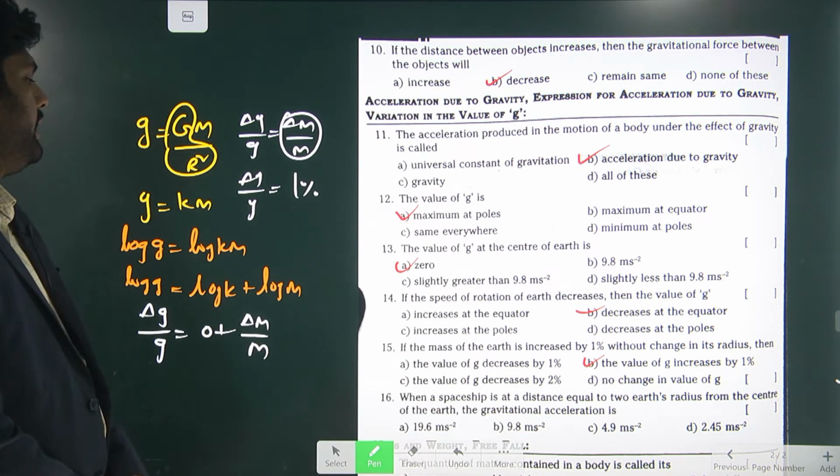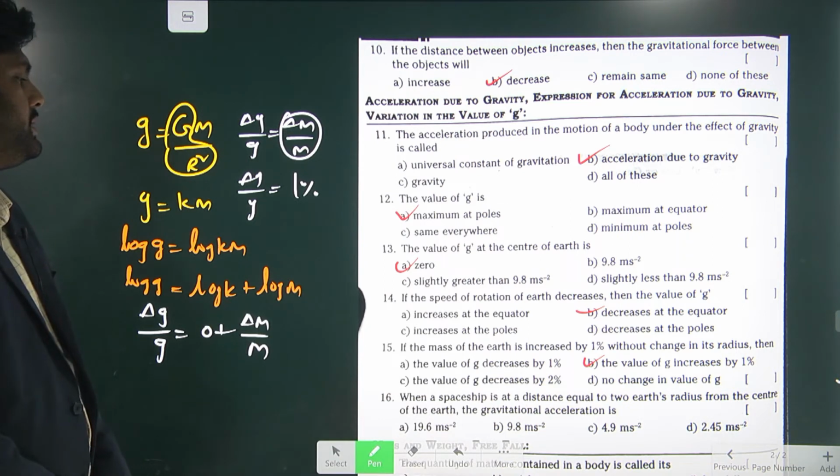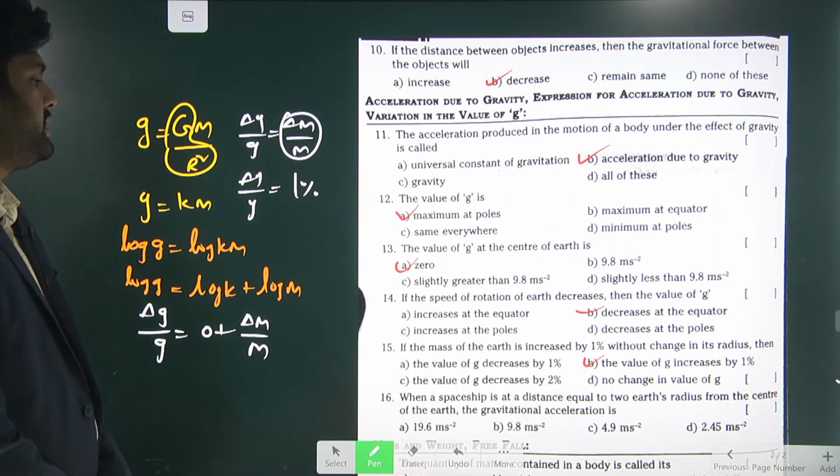Next, when a spaceship is at a distance equal to the Earth's radius from the center of the Earth, what is the gravitational acceleration?